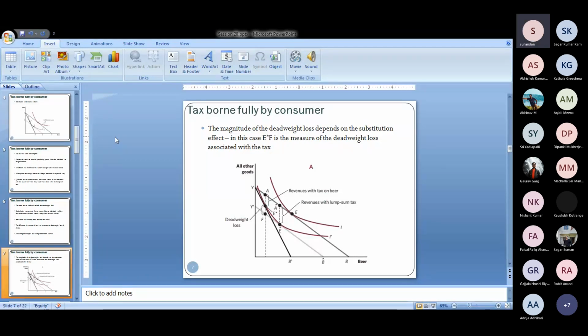So the difference, which is E star F, that much revenue is lost because the government has chosen to impose a commodity tax instead of a lump sum tax, keeping the same welfare level I prime for that individual.